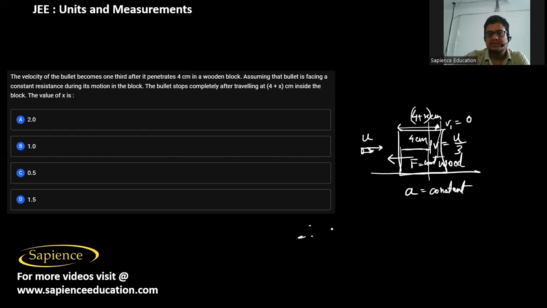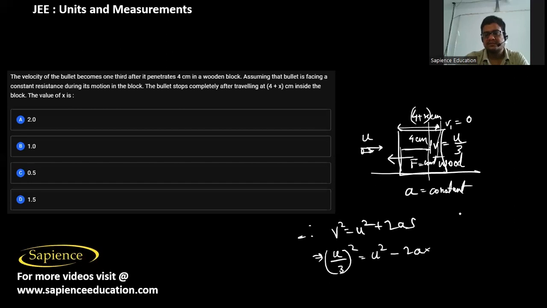Therefore we can say that v square equals u square plus 2as. So now u by 3 whole square is equal to u square minus 2a into s. s is 4 centimeters, so it is 0.04 meters.